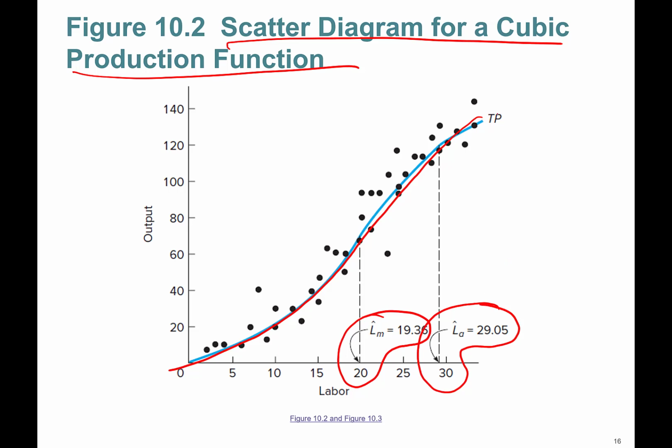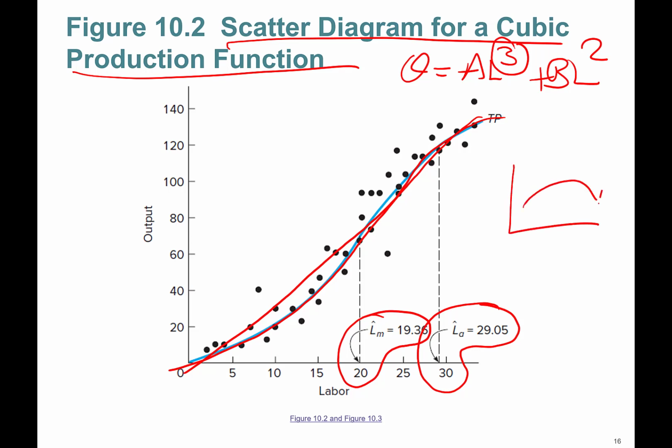Because of this cubic production function, the cubic name comes from the third power, and it does have this beautiful S shape, a nice expected average product curve and marginal product curve, and also the quantity has this beautiful looking convex isoquant.